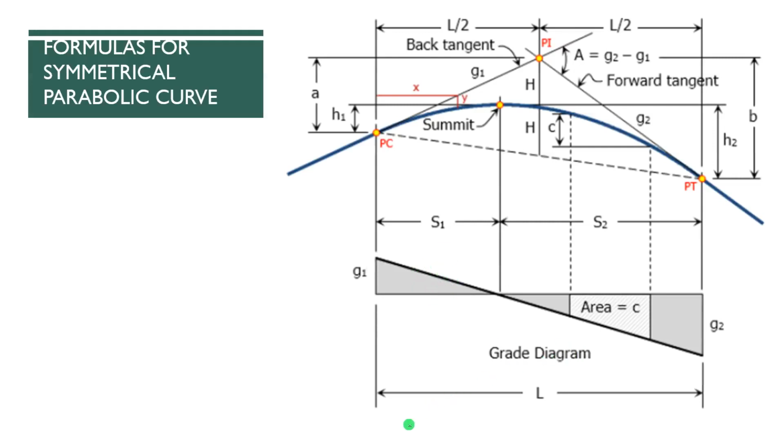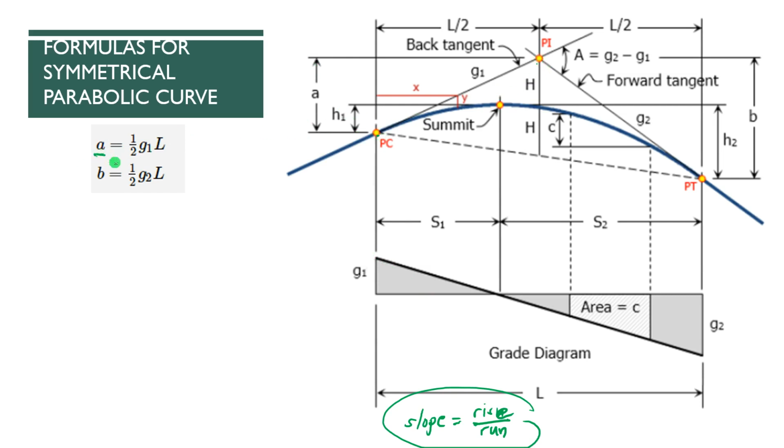One fundamental formula that we can use here is slope equals rise over run, or the vertical distance divided by its horizontal distance. So here are the derived formulas. We have A and B. A is just the difference in elevation from PC to the point of intersection.